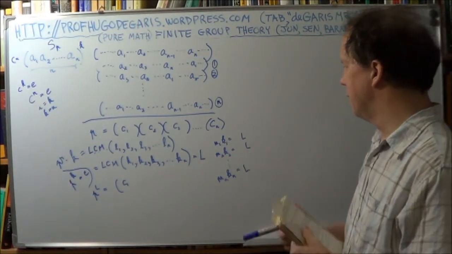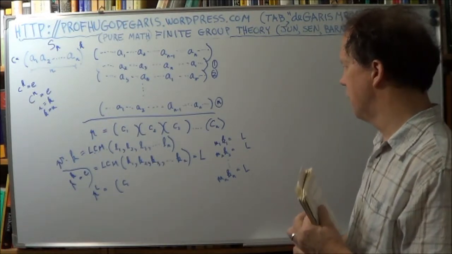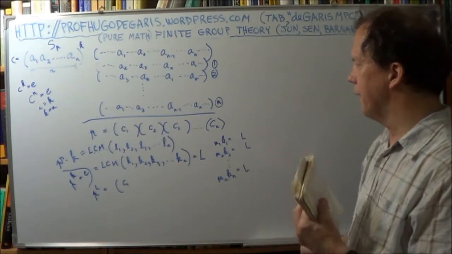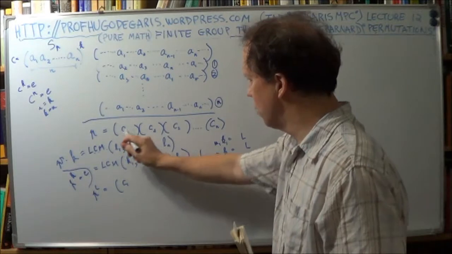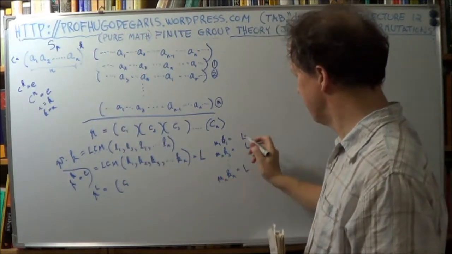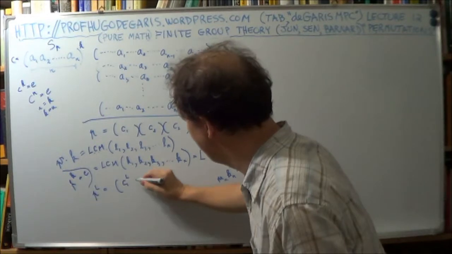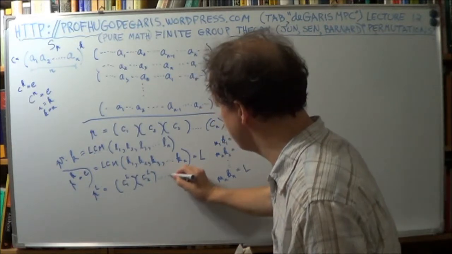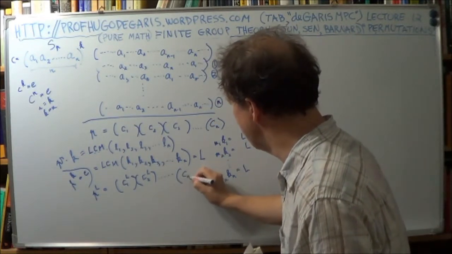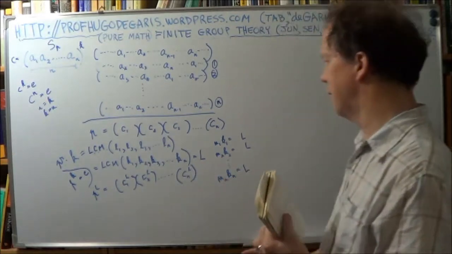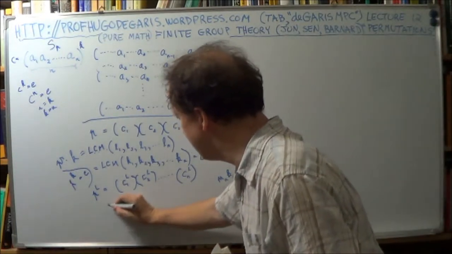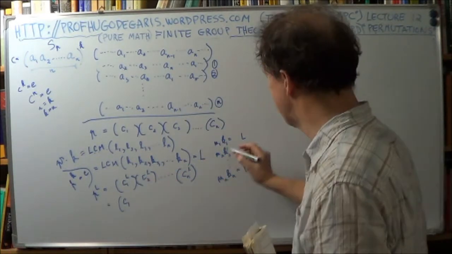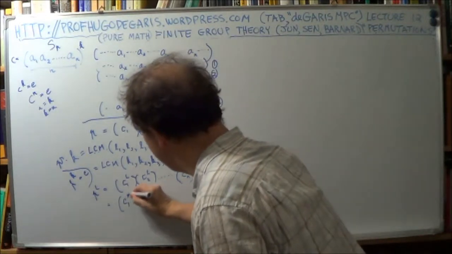Now, if you apply this permutation L times, you apply C1, this cycle, L times, and C2 will have been applied L times, dot dot dot, and Cn applied L times. So what is L for C1? Well, it's M1 K1.